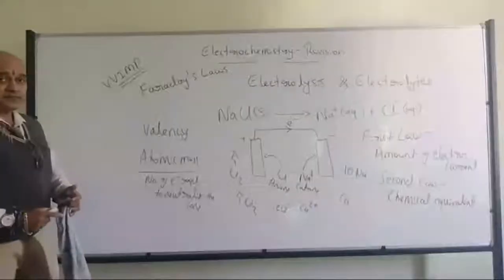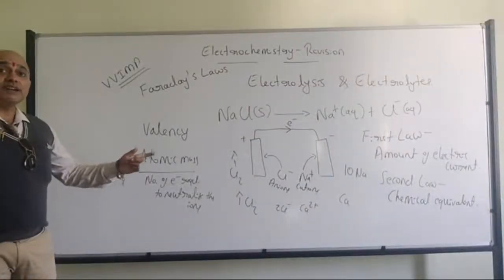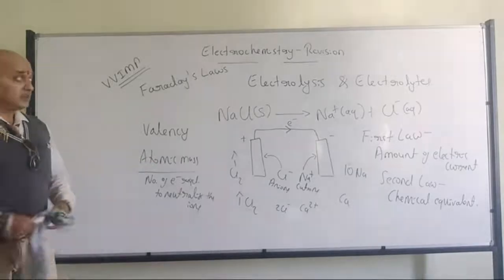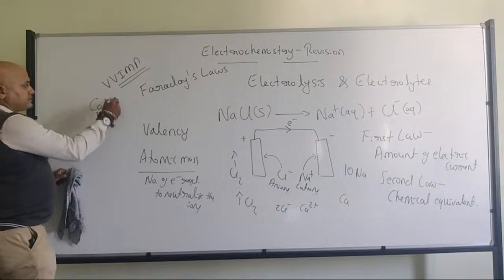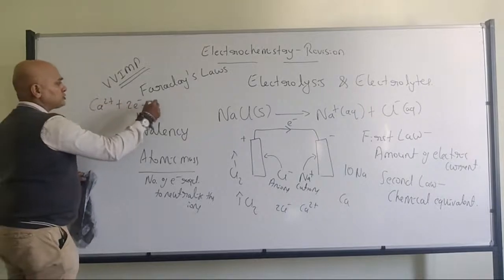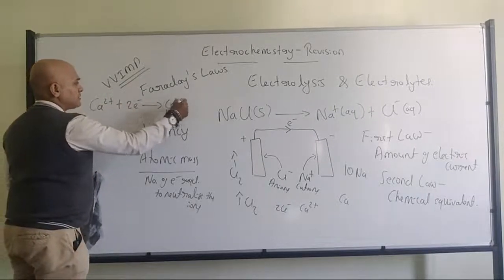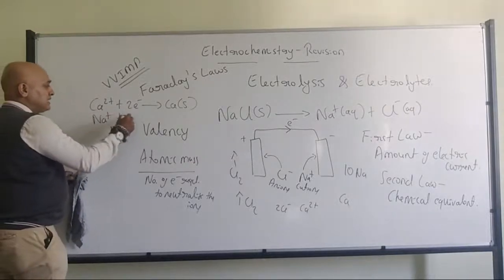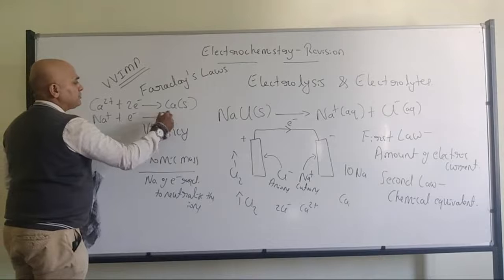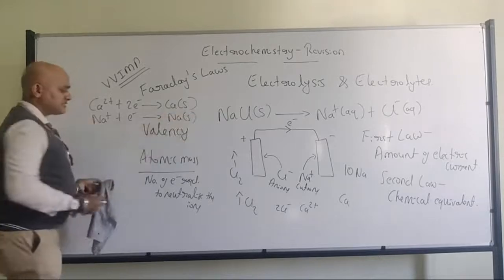Here we have the valency. Calcium is bivalent in nature, +2. That means one calcium ion requires 2 electrons to become calcium, a solid. But Na+ requires just 1 electron to become sodium, which is a solid.